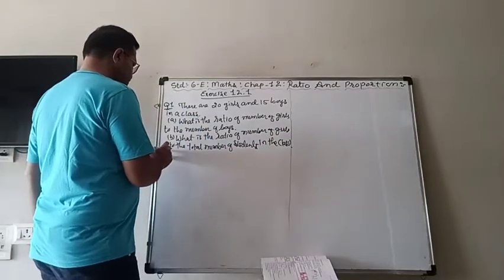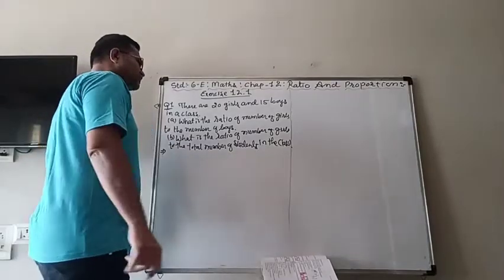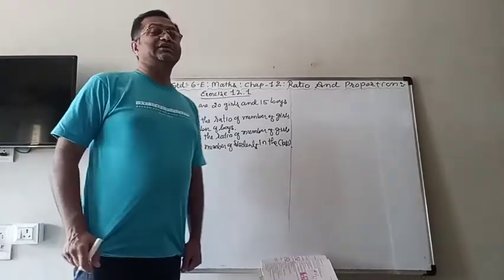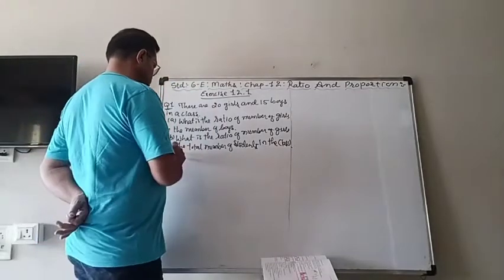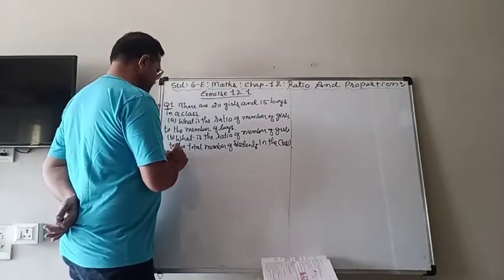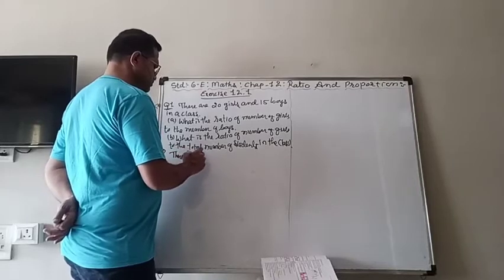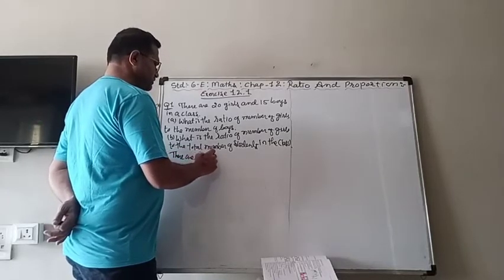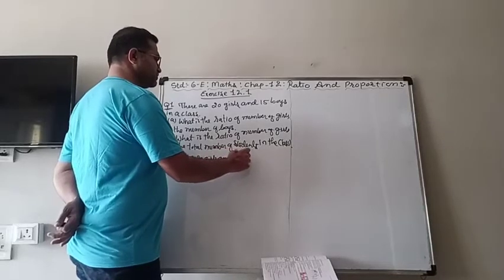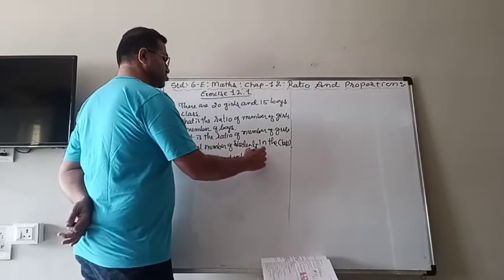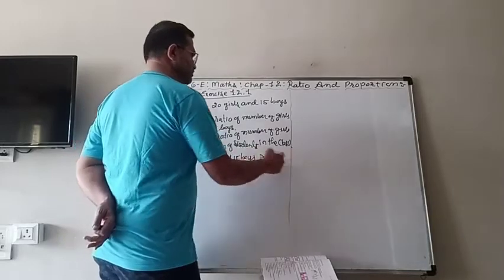Before we start finding the ratio, let us find out the total number of students in the class. There are 20 girls and 15 boys in the class.